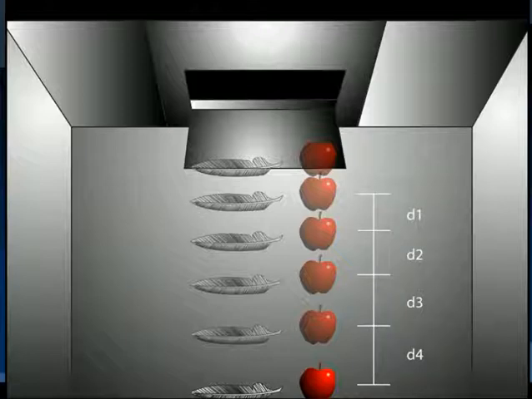The distance between two successive images is proportional to their velocity during that interval. So you can see here that the downwards velocity is constantly increasing. In a full second of fall, the velocity will increase by 9.81 meters per second. The acceleration caused by gravity near the surface of Earth is therefore 9.81 meters per second per second.